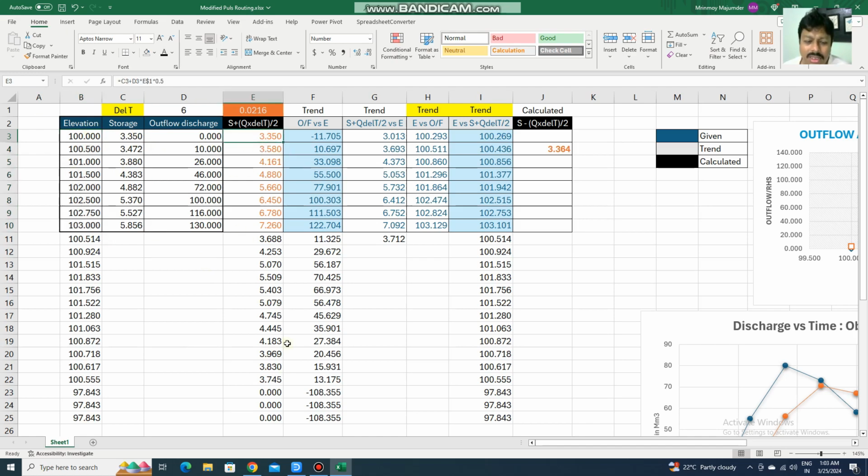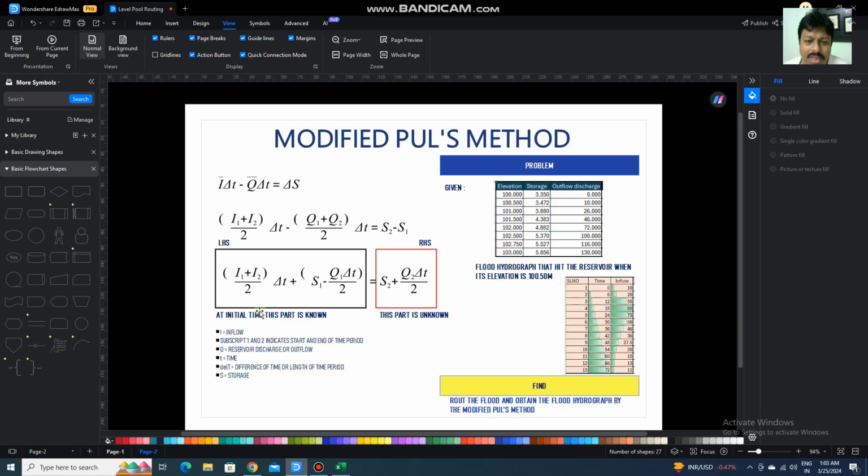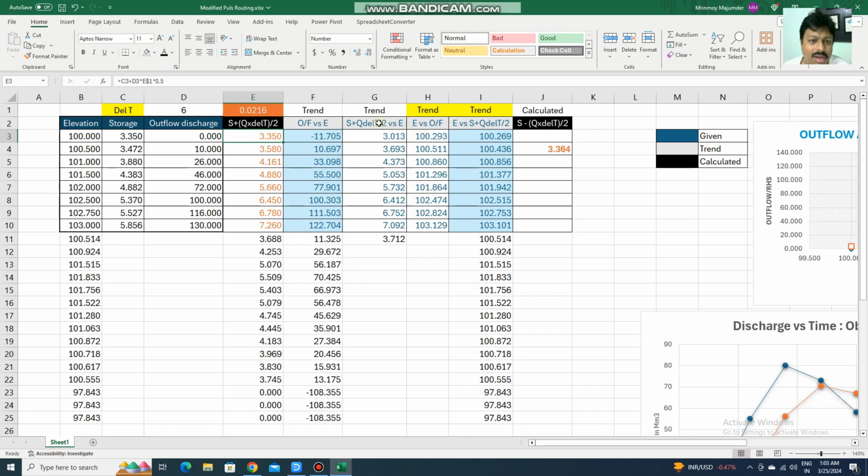This is actually the RHS of that rearranged continuity equation, that you have calculated in the last step. This will be the Y, and E will be the elevation. So both graphs have elevation as the x-axis, but the Y is changing.